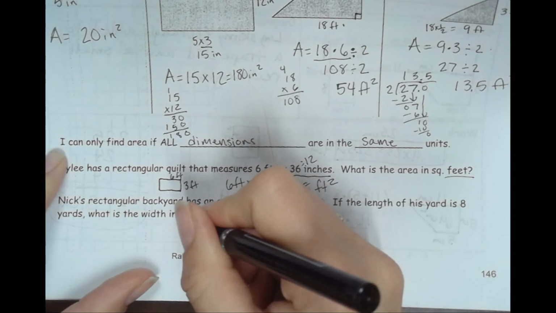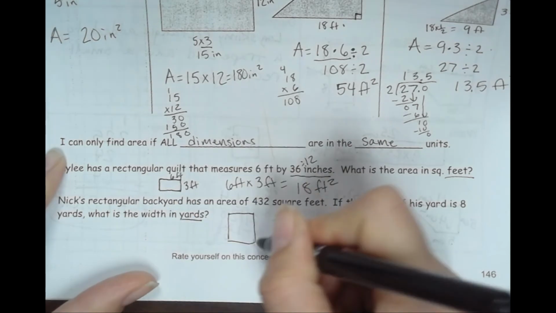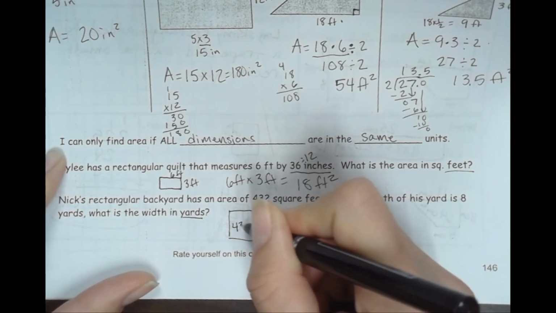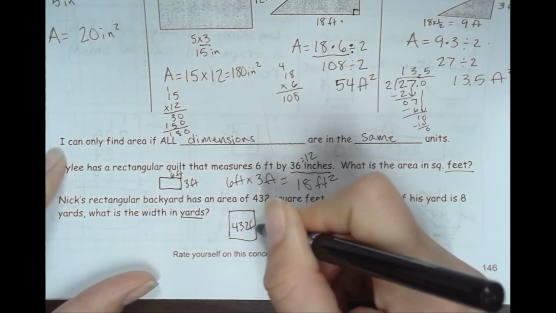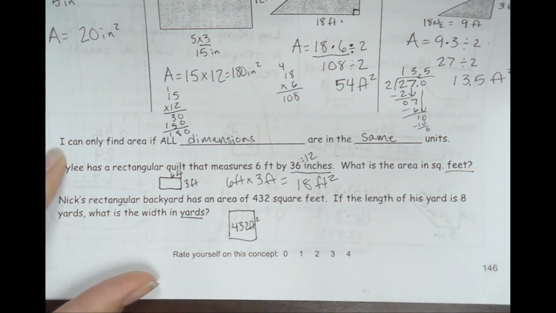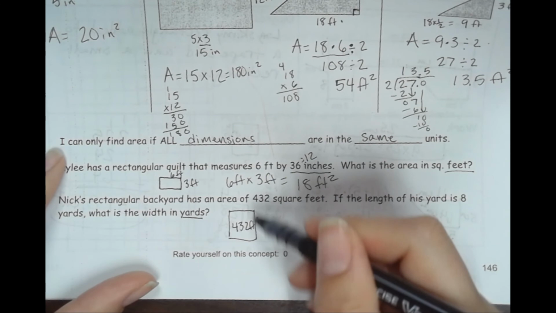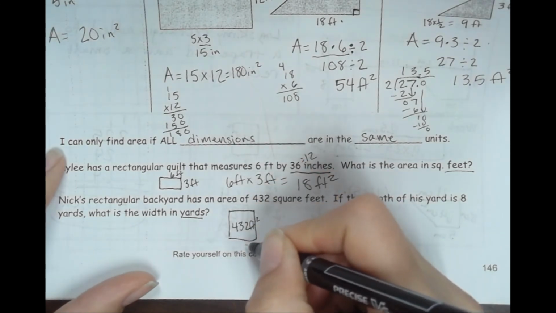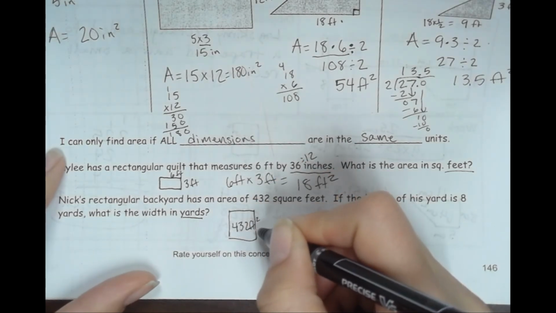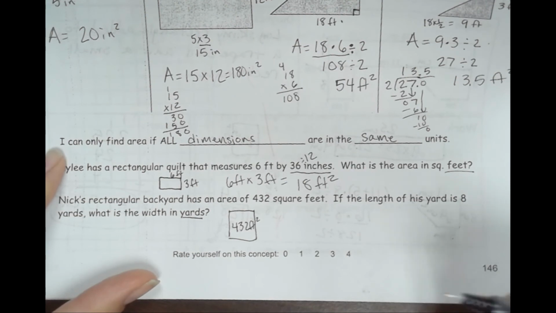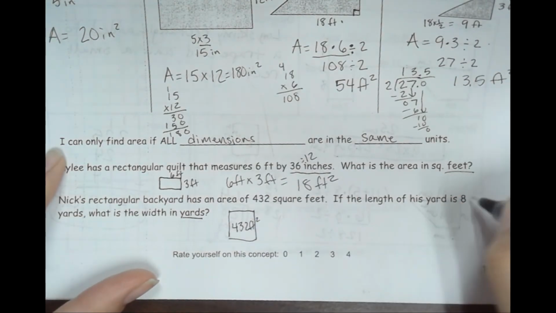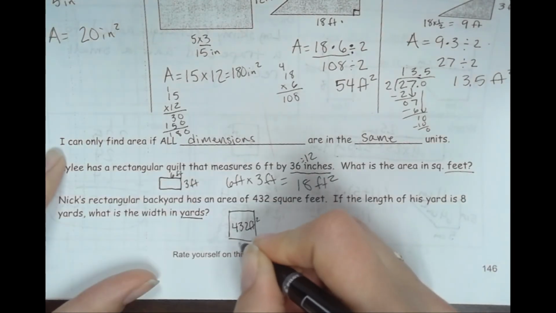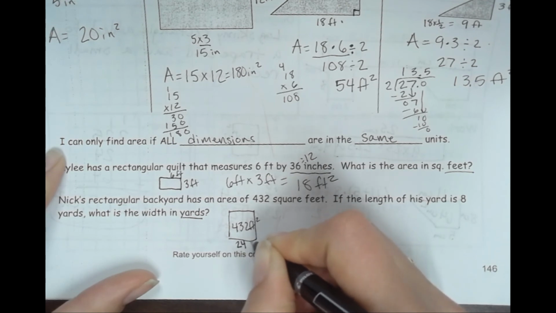So, draw a basic picture. I know inside here is 432 feet squared. If this is 8 yards, I don't need that right now because I need feet because that's what my area is given in. So I'm going to turn 8 yards into feet first. So 8 times 3 gives me 24. So that'd be the same as 24 feet.